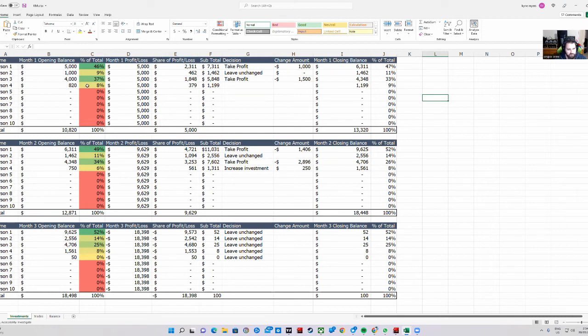So it'll say 820. Your profit is $379. Subtotal is 1199. So that plus that equals that. If you wanted to take your profit, let's just say minus $243. So it says, okay, you've now got 956 remaining.